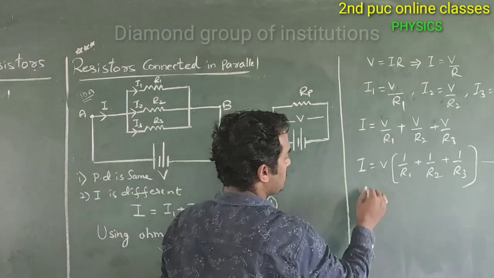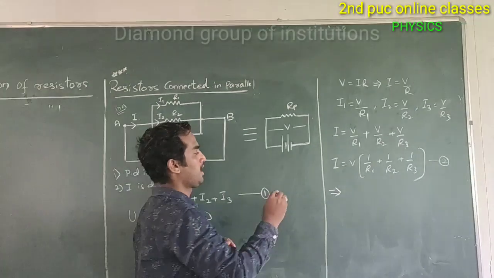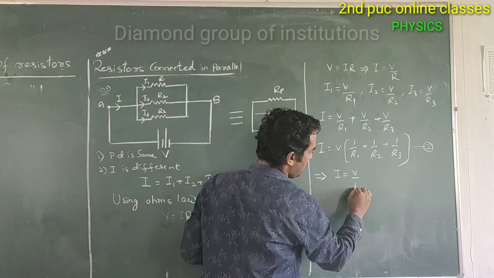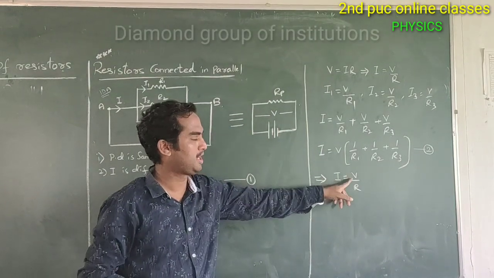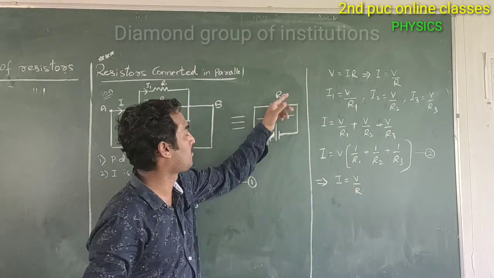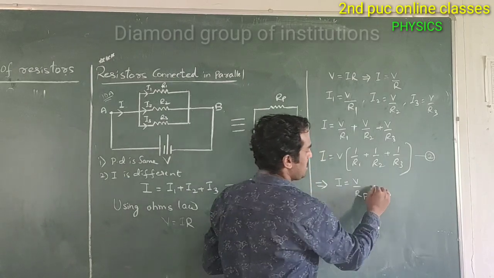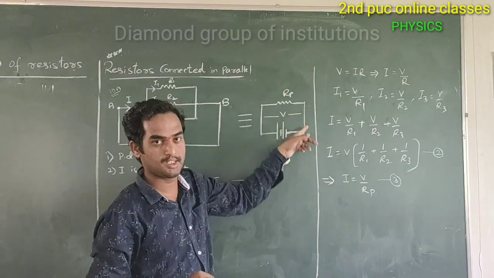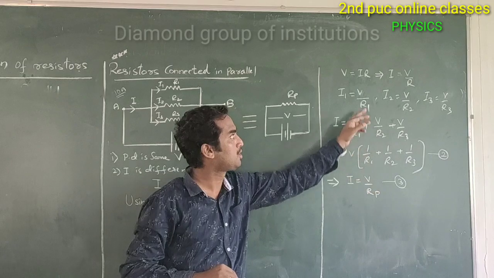So if we apply the same formula for this circuit, we can write directly I becomes V divided by R. What is I? Current. What is V? Potential difference. What is R? Resistance. So what is the resistance here? We can write RP. So this is equation number 3. This is called the equivalent resistance. And I equal to V by RP using Ohm's law.